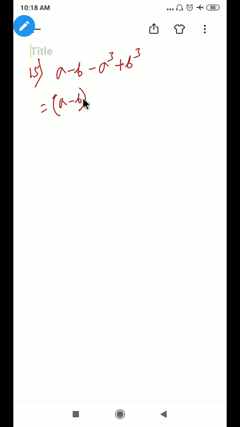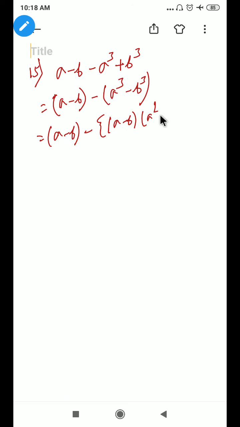Question number 15: a minus b minus a cube plus b cube. Now from here you have to rearrange something. Firstly keep this one in a single bracket and keep these two in another bracket.